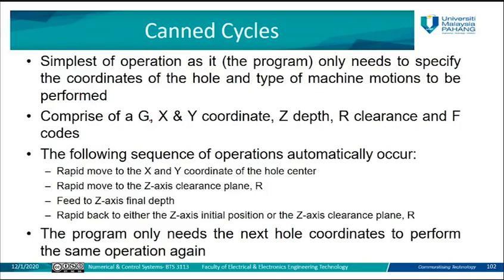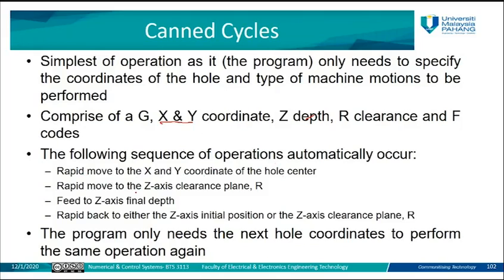So the command here will comprise the G code with X and Y coordinates, Z depth, R clearance and F codes. This is how the can cycle program format will be. This is the sequence of operations that automatically occurs when you call any of these can cycles. First, rapid move to the X and Y coordinates that you already defined for the hole center.